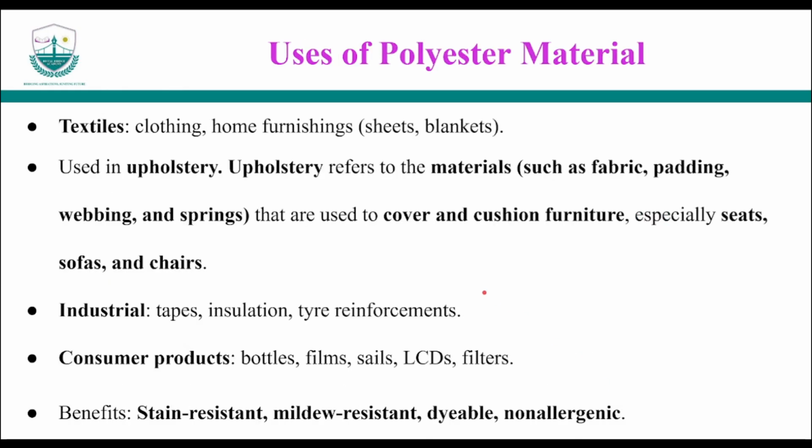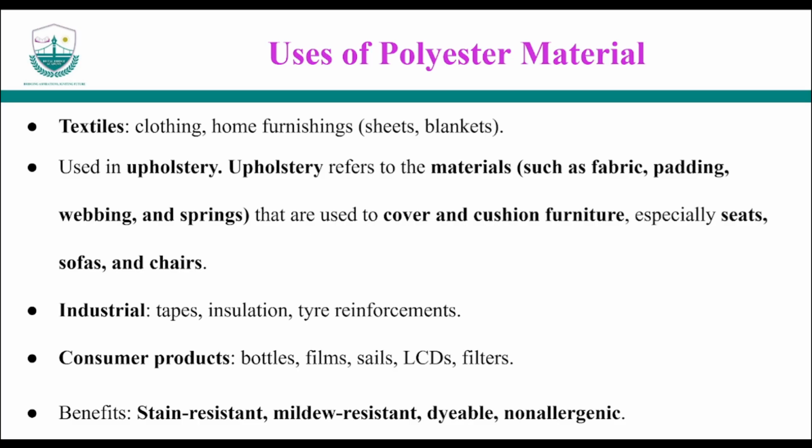Okay, so we saw that the moment we talk about polyester, please think about clothing. Okay, clothing, whether we're talking about bed sheets, blankets, or the clothes that you put on. Upholstery refers to the materials that we use in covering or cushioning furniture.